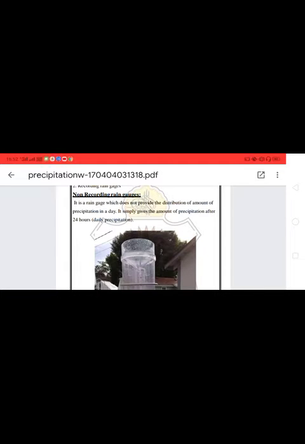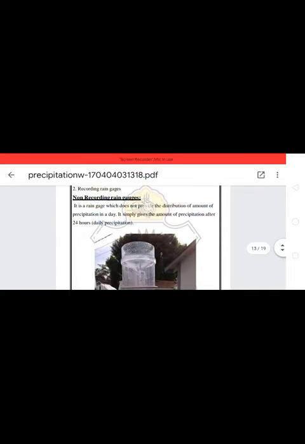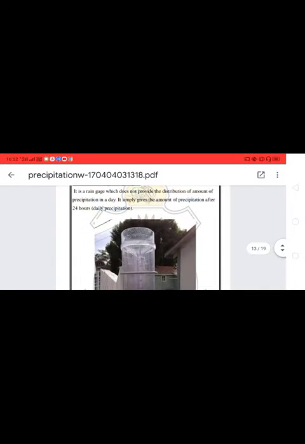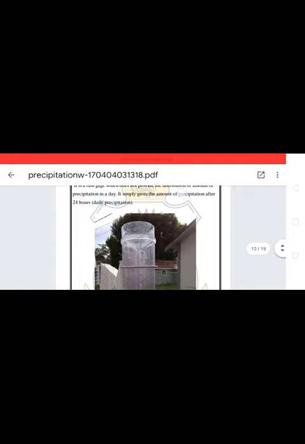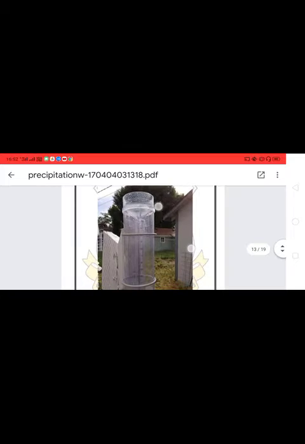Besides depth, it is called a non-recording rain gauge. It does not provide the distribution of the amount of precipitation in a day. It simply gives the amount of precipitation after 24 hours.